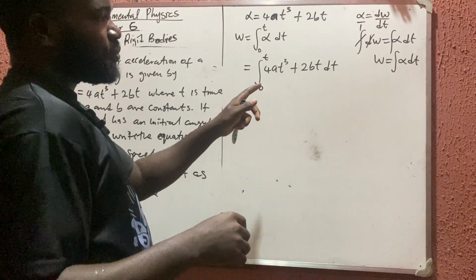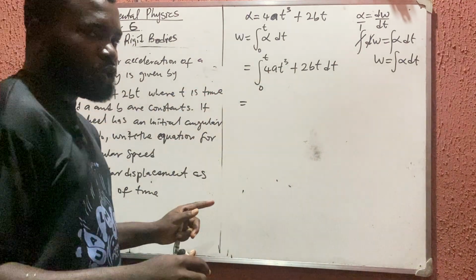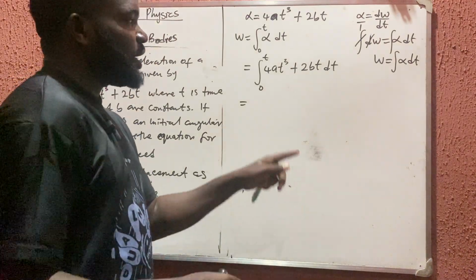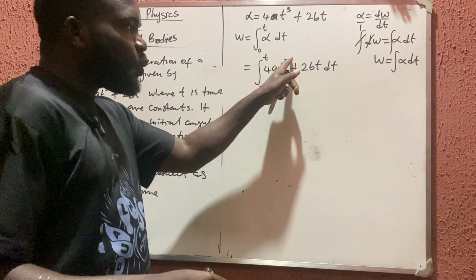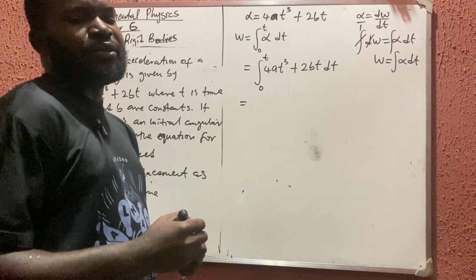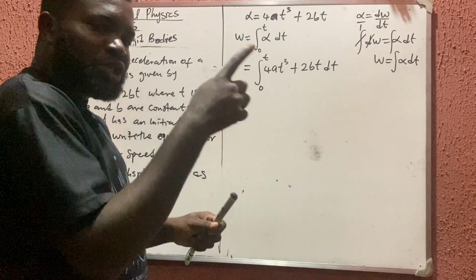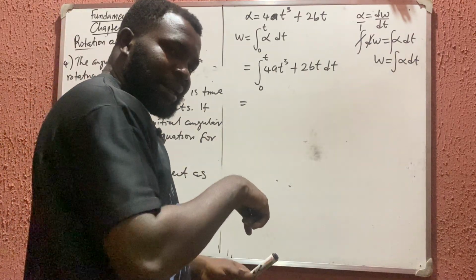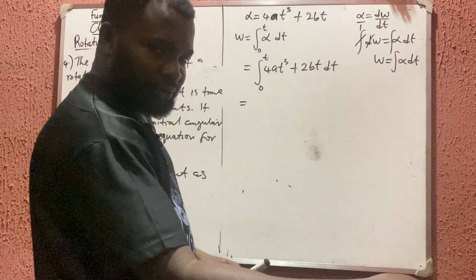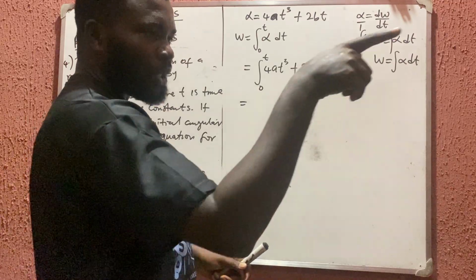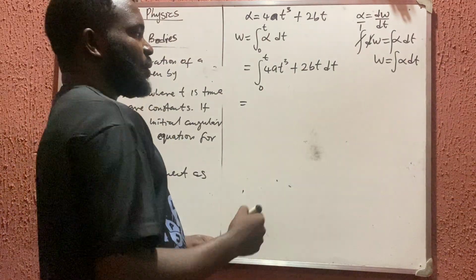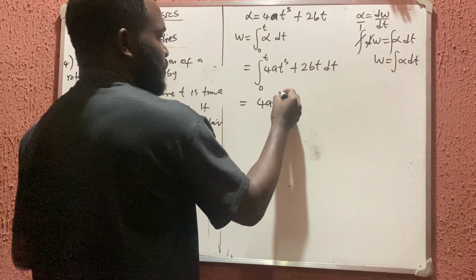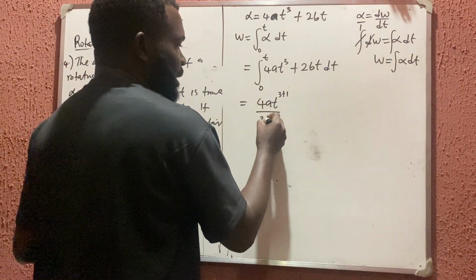Integration means, remember that in differentiation what we did was multiply by the power, then remove one from the power. In integration, what you do is add one to the power, divide by the new power. So you are doing the opposite of differentiation. So if I add one here, it's going to be 4at raised to 3 plus 1, divided by that same 3 plus 1.